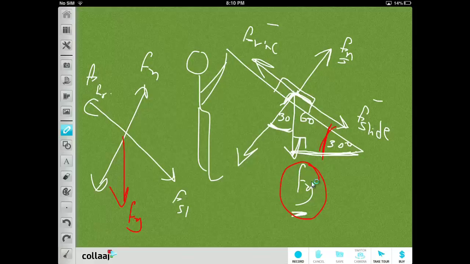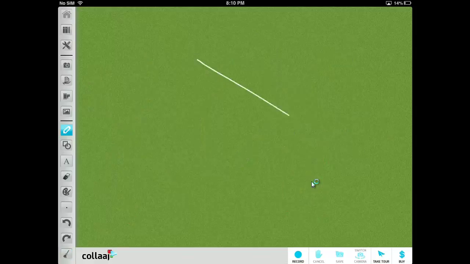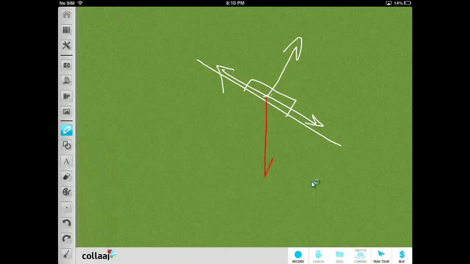Okay? So let's draw the shape again. If you have an object that is sliding here, and I have Fn, I have F sliding, I have F friction, and I have an alien force Fg because it's always downward. Extend the Fn a little bit to make your axis.